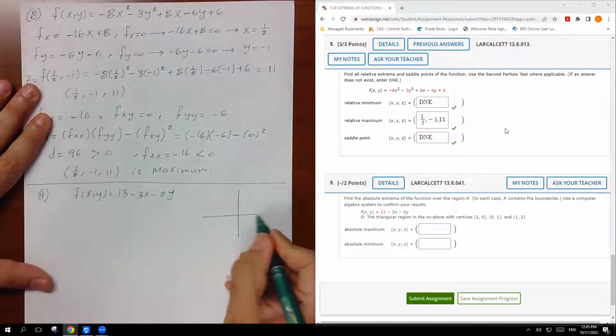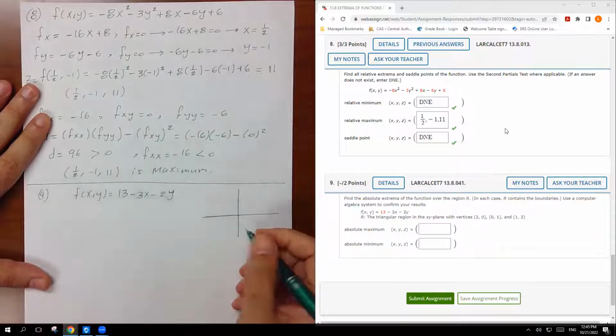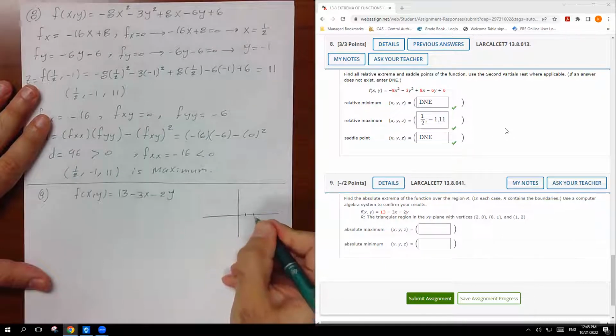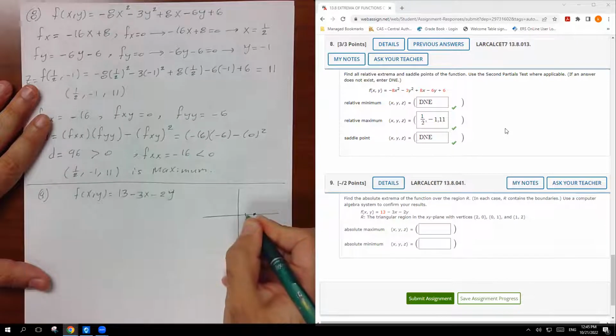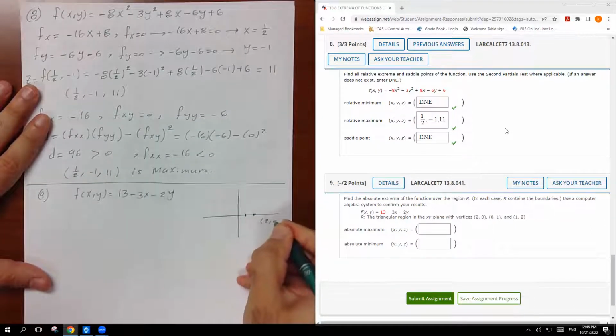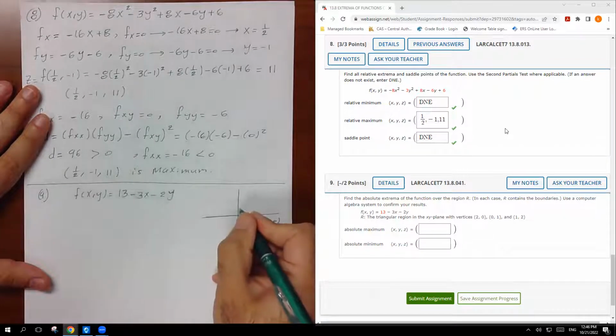Let's see. If we do a simple graph here, the first point is (2, 0). X is 2 and y is 0. The second point is (0, 1), so it's going to be here.